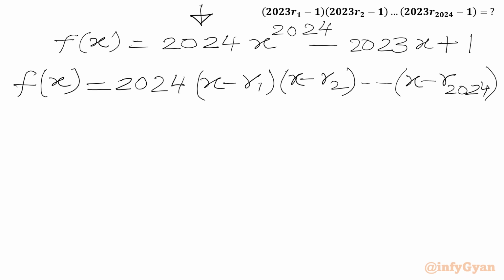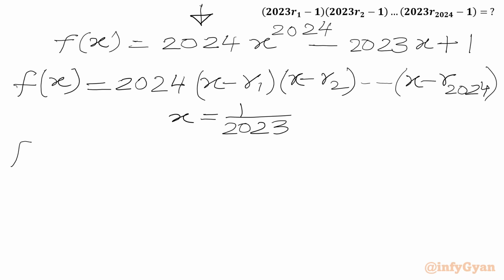Now from equation number 1, it is 1 minus 2023 R1, 1 minus 2023 R2 up to 1 minus 2023 R 2024. So I need to put x equal to 1 over 2023.